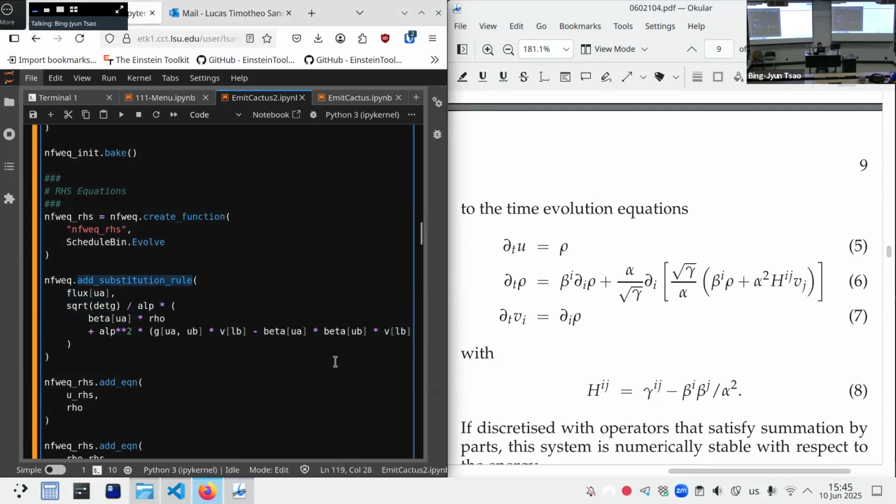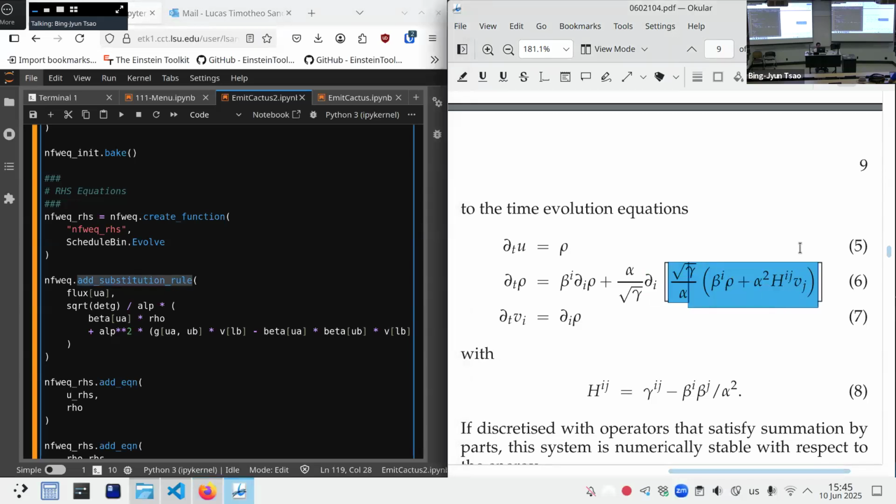The existence of the substitution rule will substitute it inside the stencils, and the stencils will get expanded correctly when you call derivative of what's in here. You can probably do it differently. This is just the way that I did it. If you want, you could expand these derivatives in your head and implement them however you like.